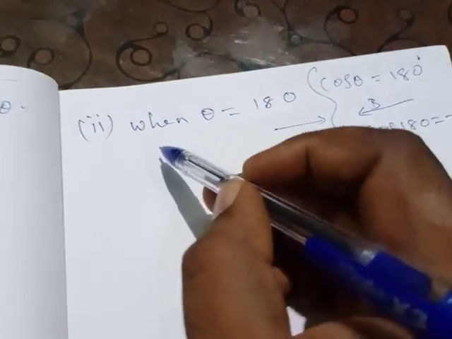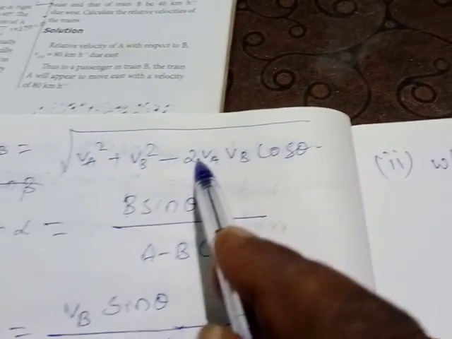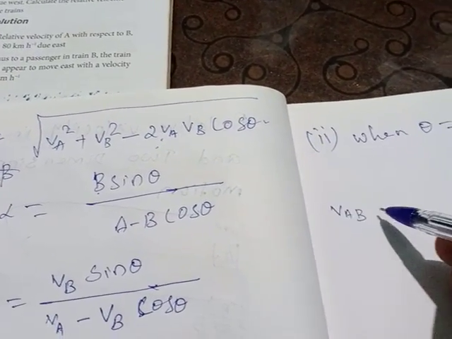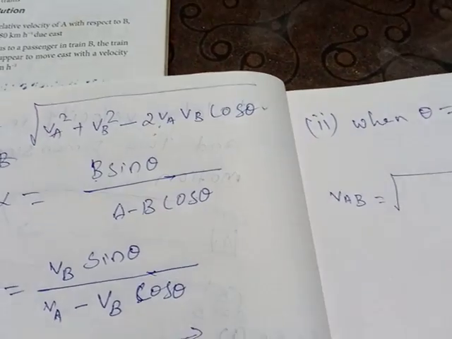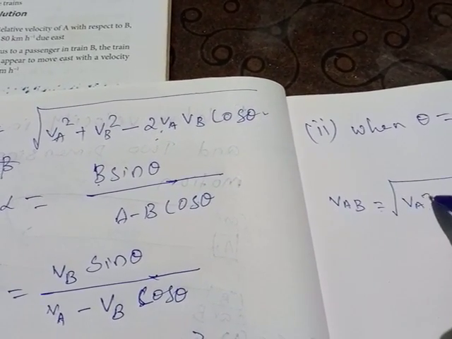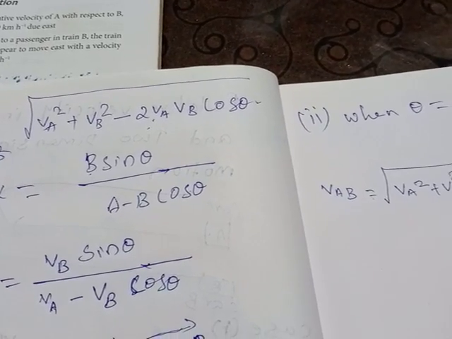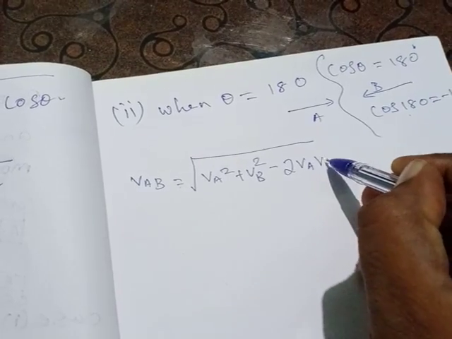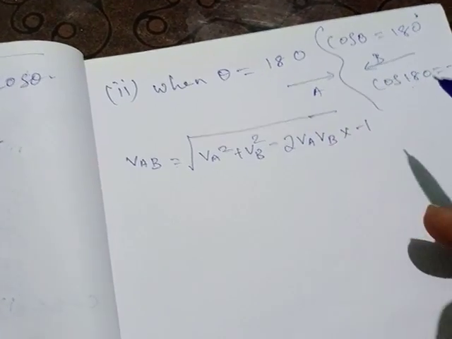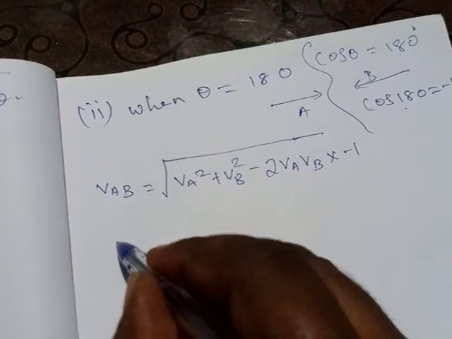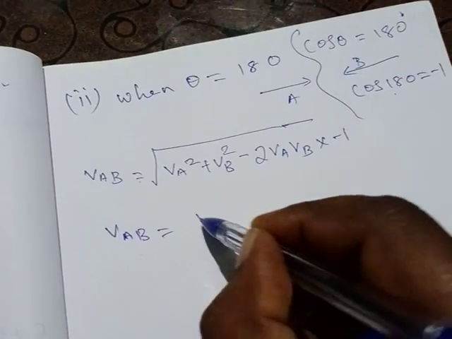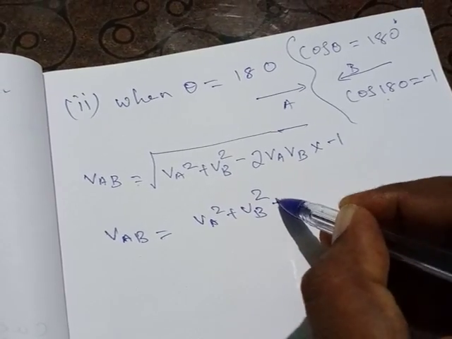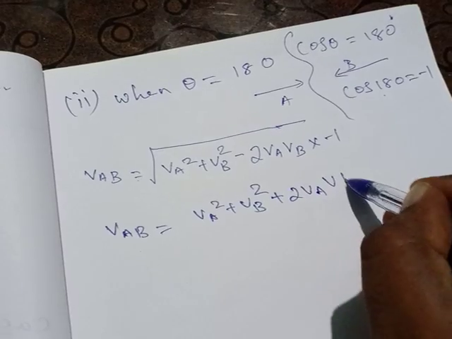Now in this case, apply this in the formula. VAB is equal to the root of VA square plus VB square minus 2 VA VB into minus 1. So minus into minus is plus, so plus 2 VA VB.